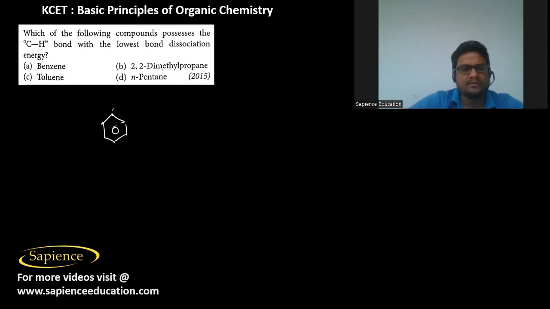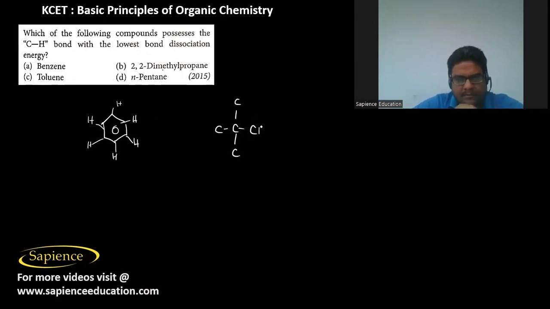So here in benzene we have 6 CH bonds, and 2,2-dimethylpropane, which is also called neopentane.